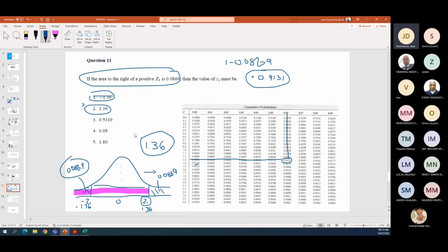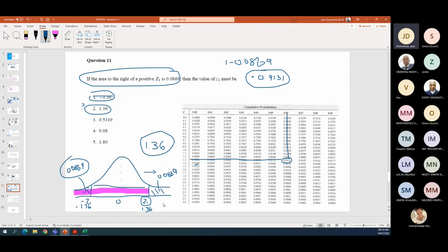So with this, you could have used two methods of getting to that Z value. You could have gone the route of checking, okay, it's symmetrical, so that small area I can get from the negative table, then I just need to make my Z value positive, or I can go the one minus route to get the bigger area to still get to my Z value.